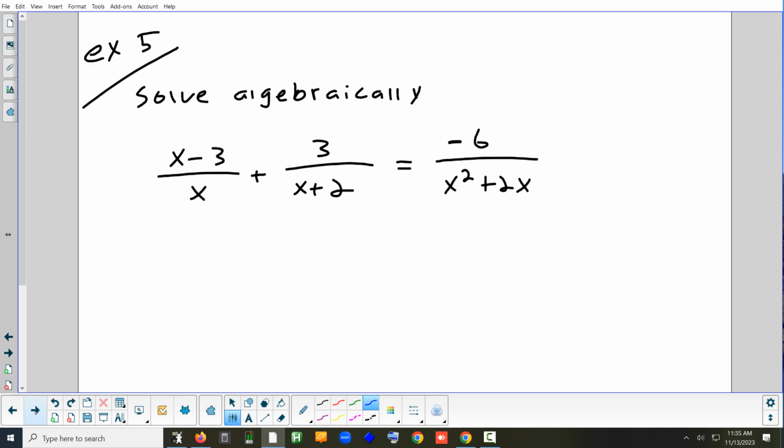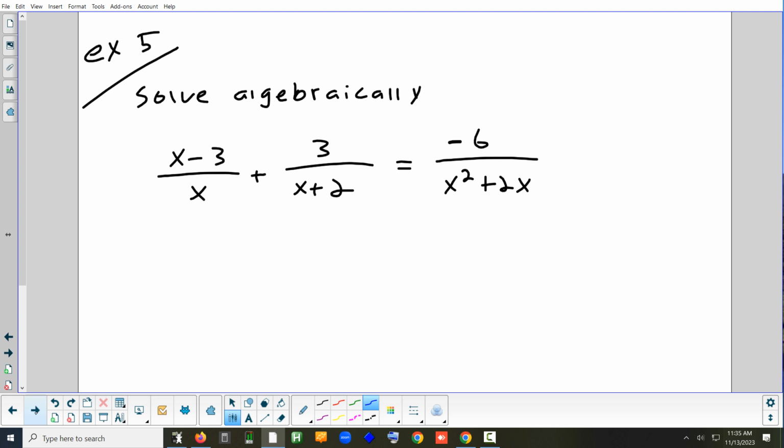Okay. So let's try one more that's pretty similar to it. It says solve algebraically. It's x minus 3 over x plus 3 over x plus 2 equals negative 6 over x squared plus 2x.